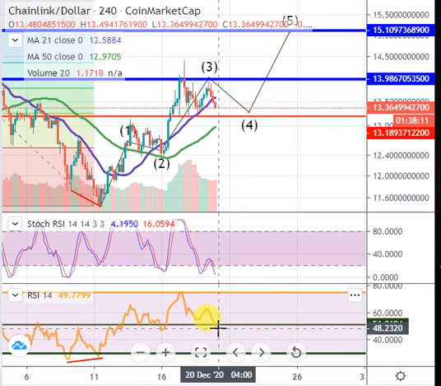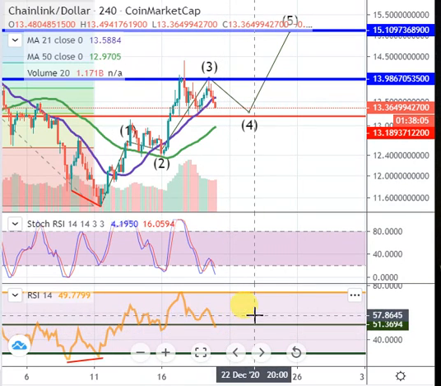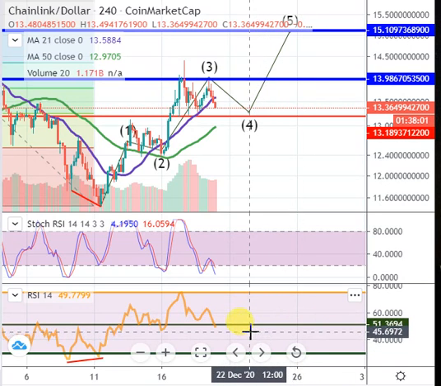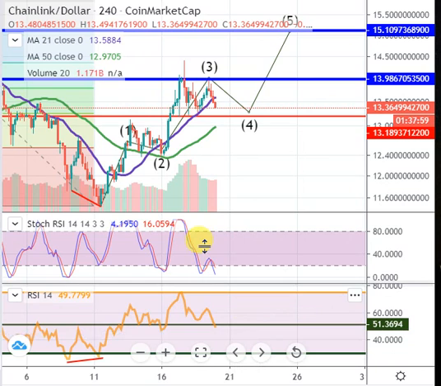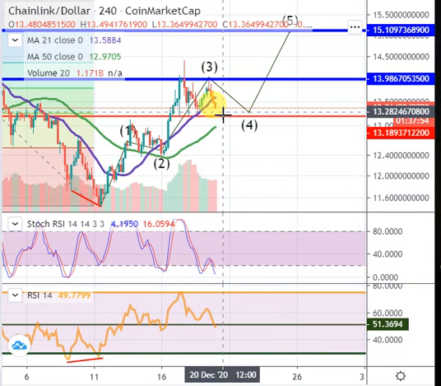And if you look at what is happening here, we just poke through it, and we are below it now. This is 49.77, and we are below it. So there is every tendency that with this stochastic RSI we might come further down.